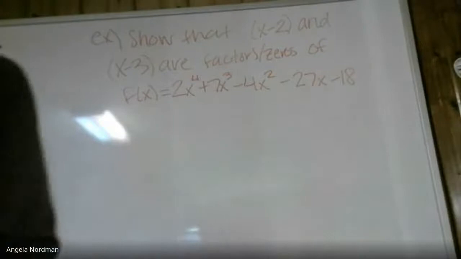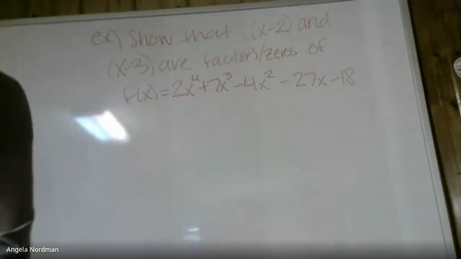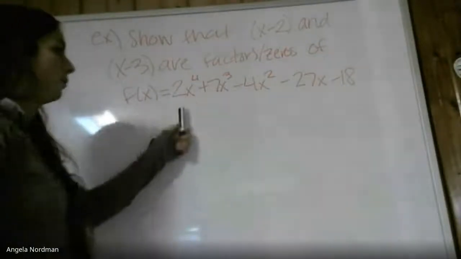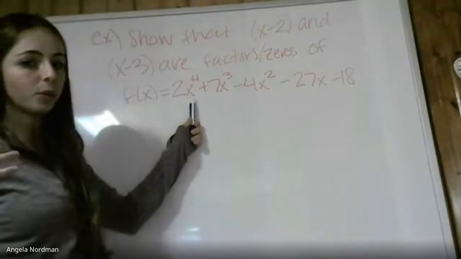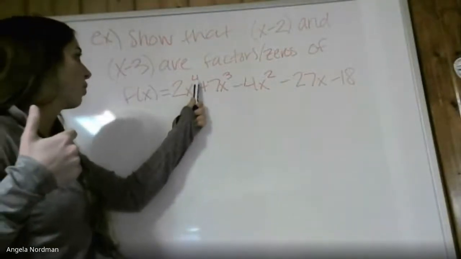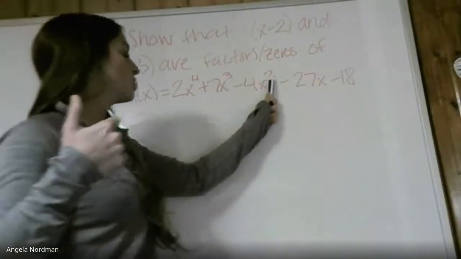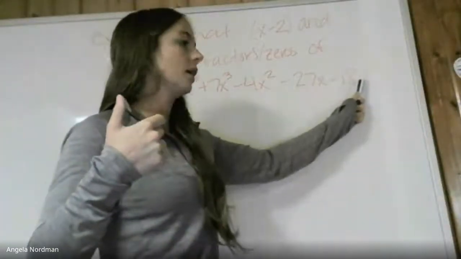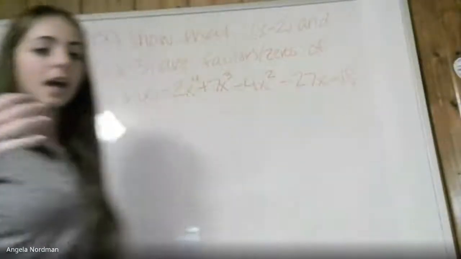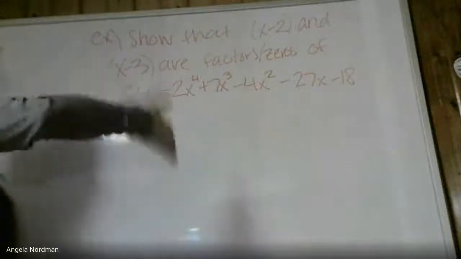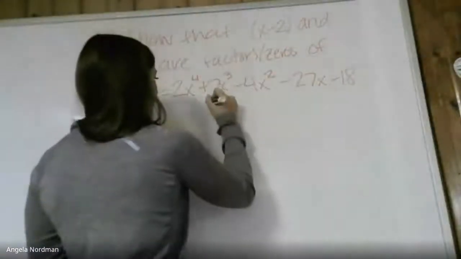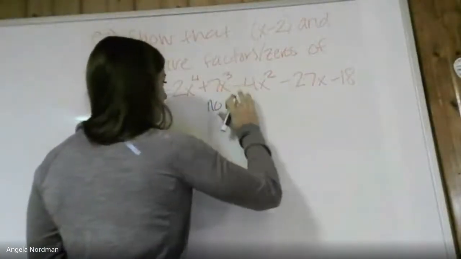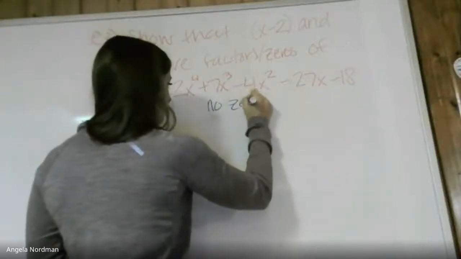So we go ahead and we start with the first, determining whether or not I need any 0 placeholders. I go from a 4 to a 3 to a 2 to a 1 to no x. In that, I went straight down in order, so I need no 0 placeholders.